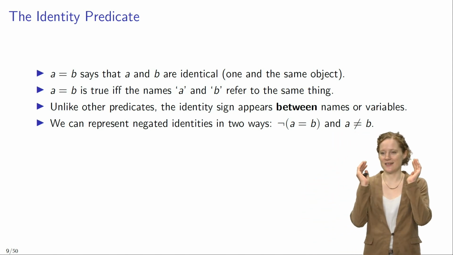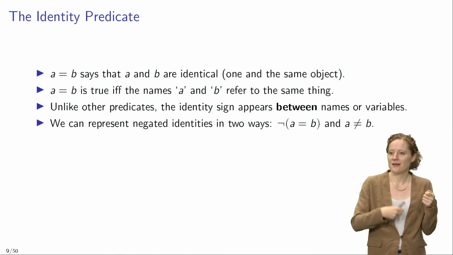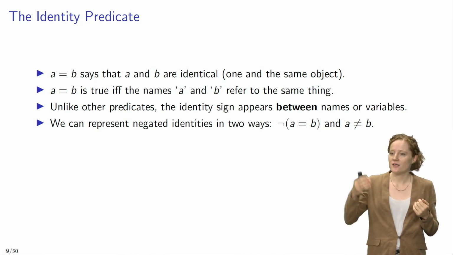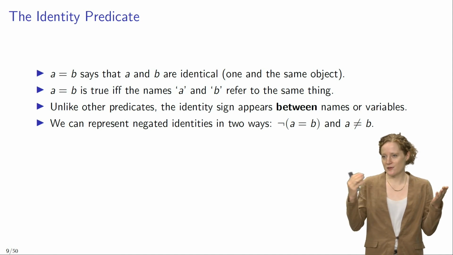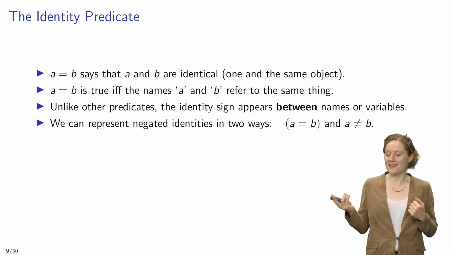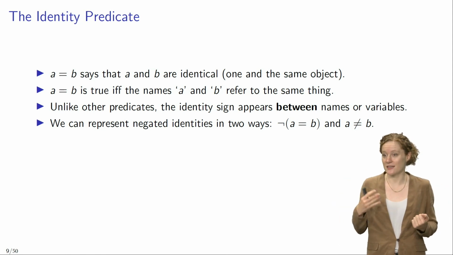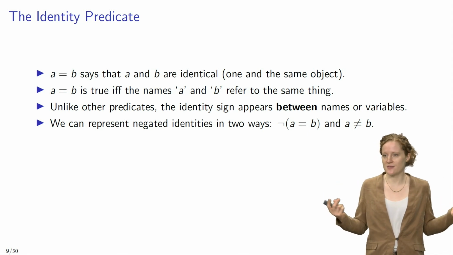You may take an identity statement and just prefix it with a negation sign, and that results in a negated identity. Or alternatively, you may just cross out the identity sign. So these two sentences on the right-hand side there, they say the exact same thing. They both say that a is not identical to b, meaning that the two names a and b refer to different things.